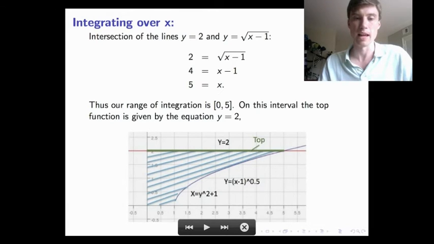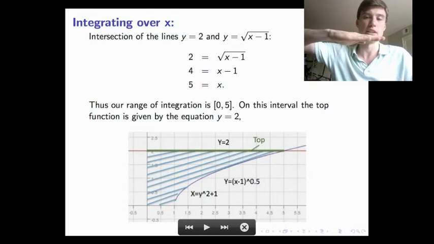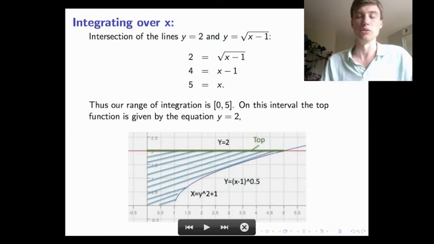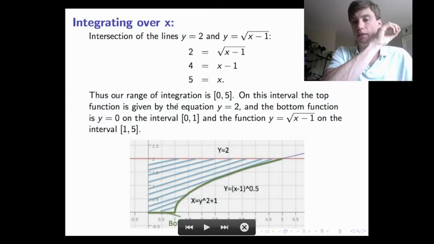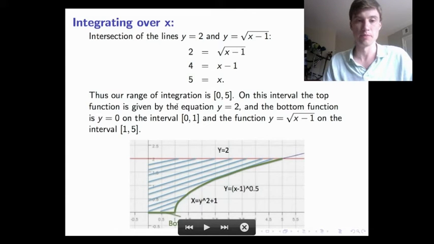Okay, as you can see, the top function is given by the line y equals 2. The bottom function, however, is a little more complicated. The bottom of our region is given by the curve y equals 0 for a while, and then at 1 it starts being defined by the curve y equals (x minus 1) to the 1/2.